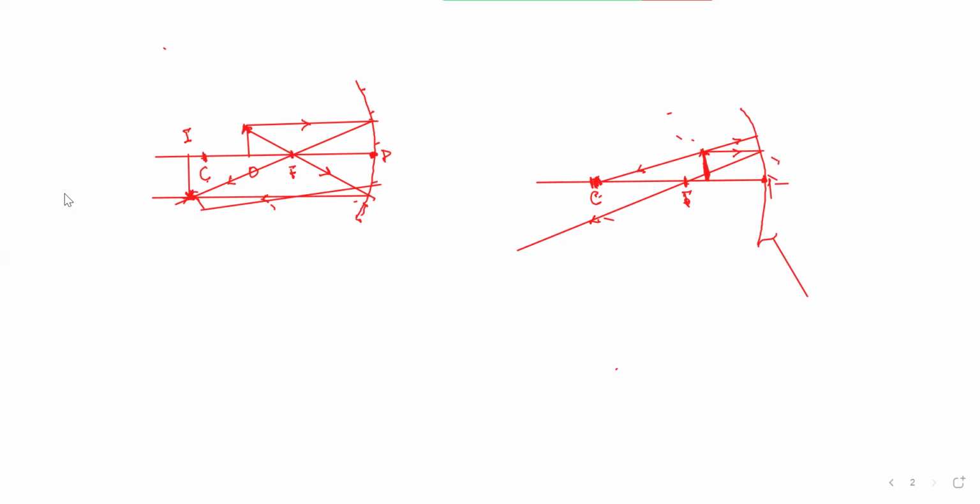A virtual image will be formed behind the mirror. So the rays appear to meet over here, and this will be the image, meaning that we must extend the principal axis at the back of the mirror.